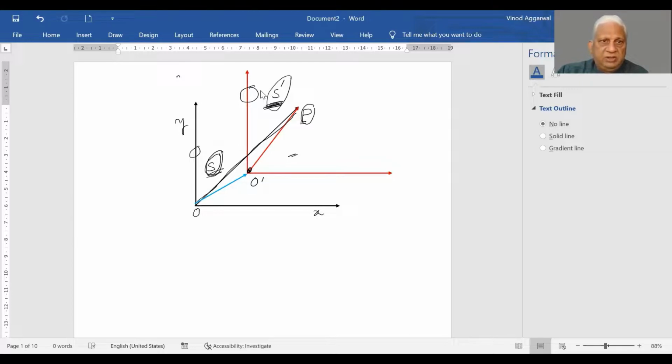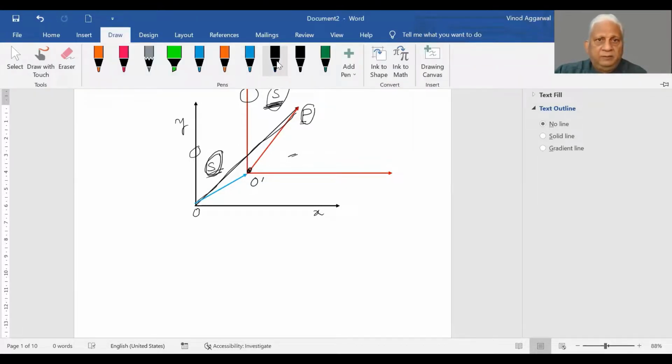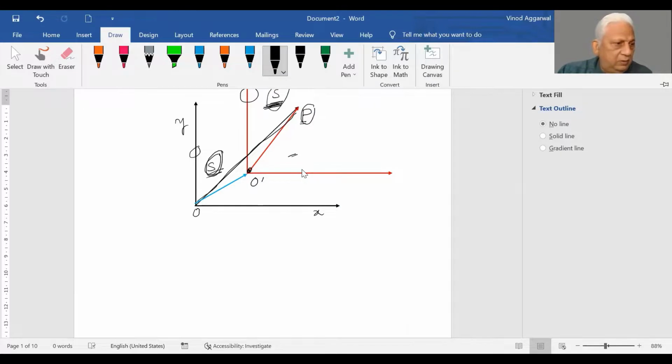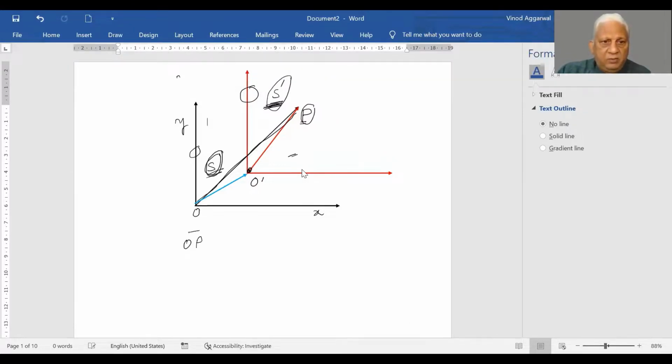Now to summarize all these things, we can see from the picture that OP is equal to OO dash plus O dash P, right?